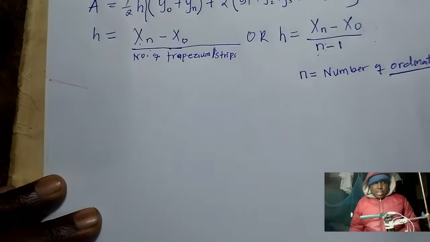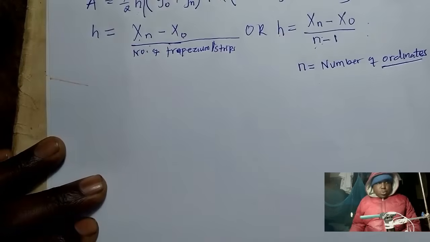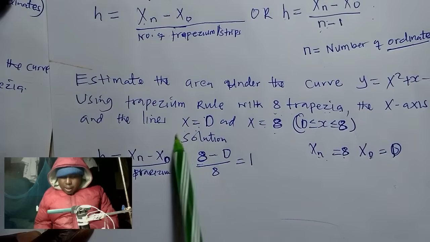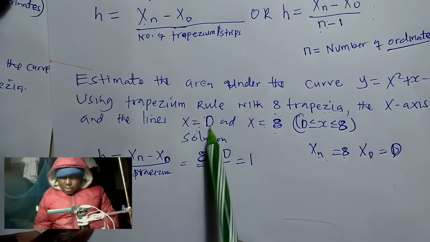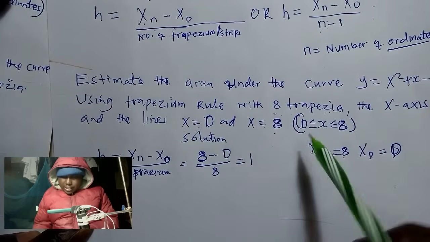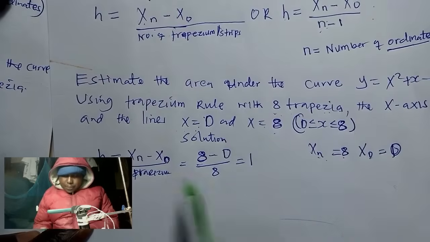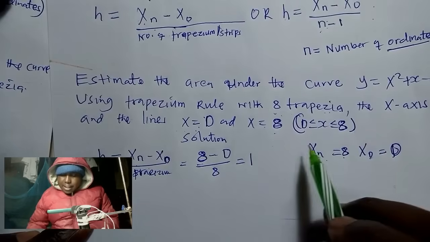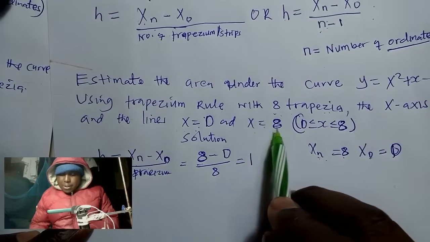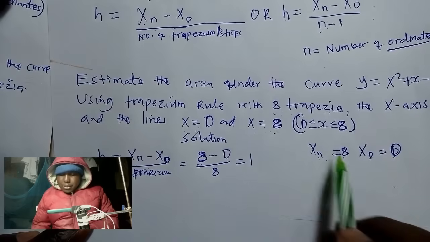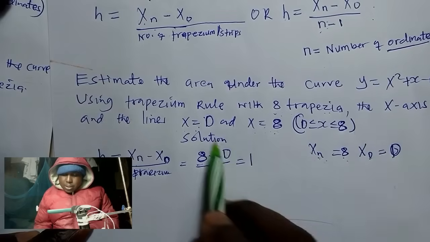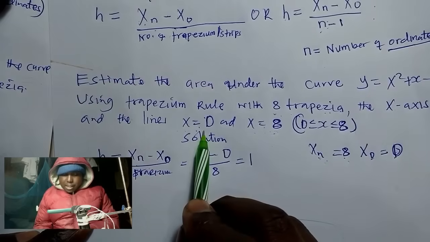I think once we do the example, you will be able to estimate. So x is equal to 0 and x is equal to 8. The range is 0 to 8. So xn is the largest value of x, which is 8. x naught is 0, the first number in the range.